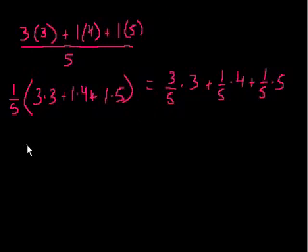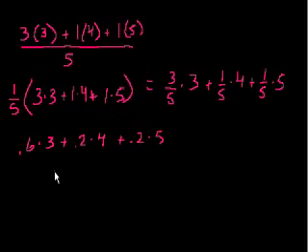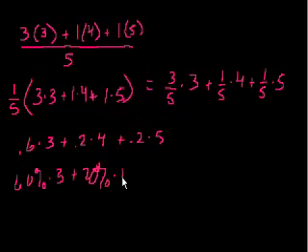So 3/5 is 0.6 times 3 plus 0.2 times 4 plus 0.2 times 5. Or we could express these decimals as percentages. We could say 60% times 3 plus 20% times 4 plus 20% times 5.